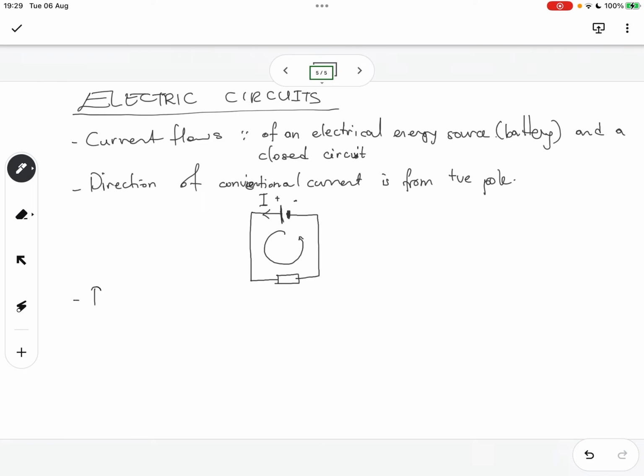And lastly, the potential difference between 2 points in a conductor is the work done per unit charge.